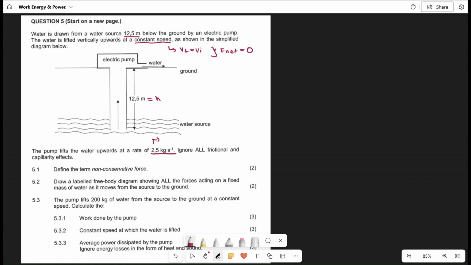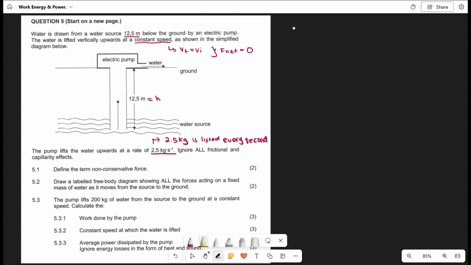So this means that 2.5 kilograms is lifted every second, because they said per second. So each and every second, we have 2.5 kilograms of water being lifted from the water source to the ground, right? So that is our rate at which the water is being lifted upwards, right?